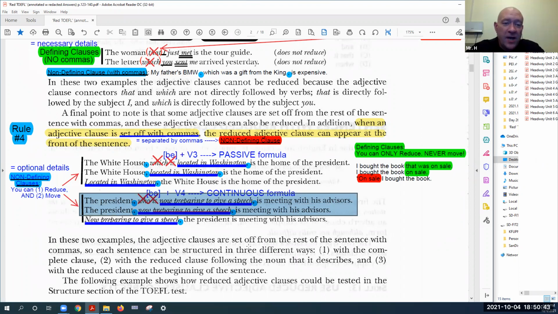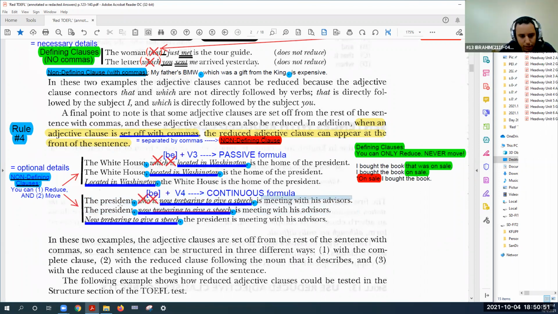You see the difference, don't you? Yes, we reduced. So in the first one, it's a full or complete clause, right? The second one is reduced. It's a reduced adjective clause.